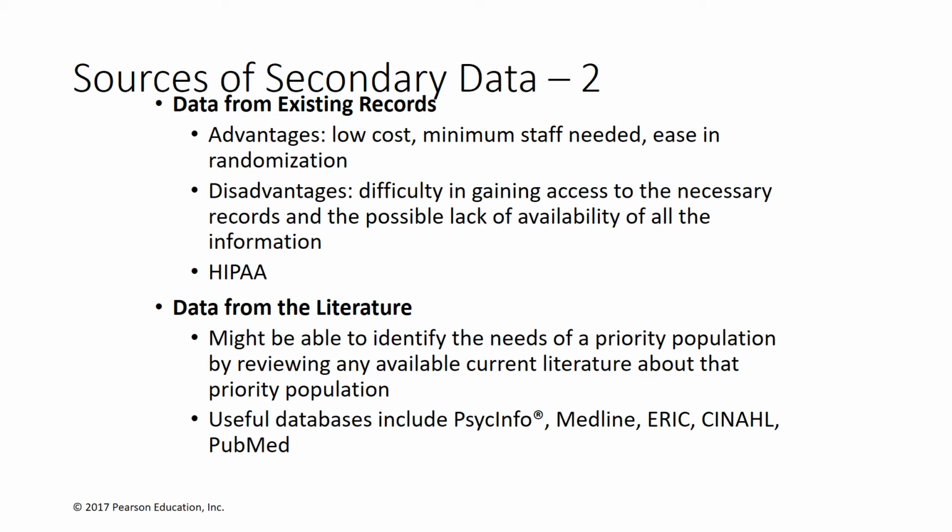All right, so we've talked about when we utilize secondary data, so collecting data from existing records, right? The advantages are it's already there. Once you get past gaining access, bam, you have data to analyze. The disadvantages are just because it's there doesn't mean it's available.